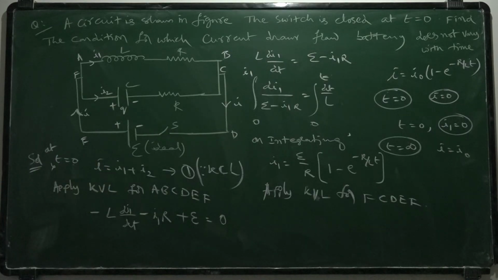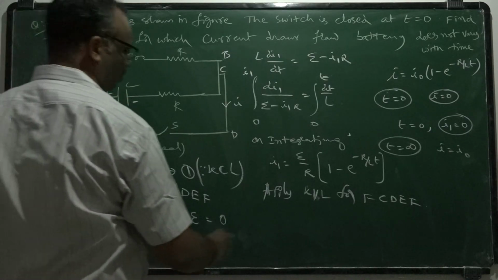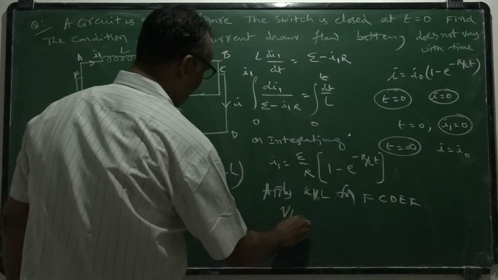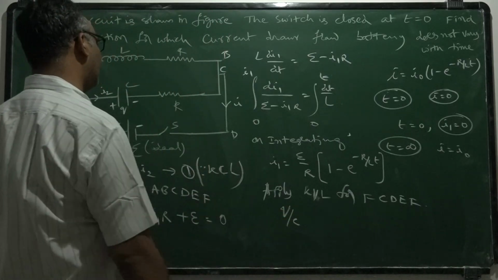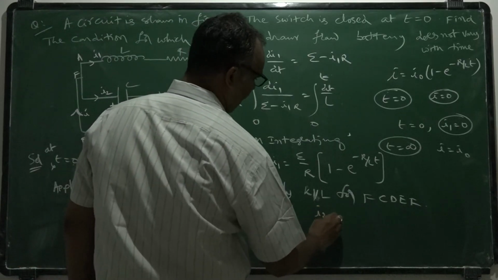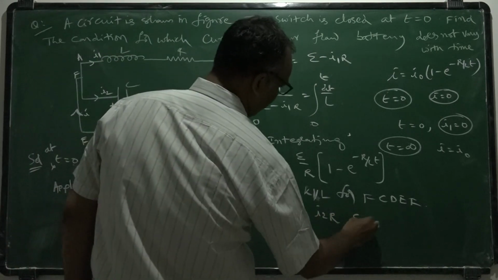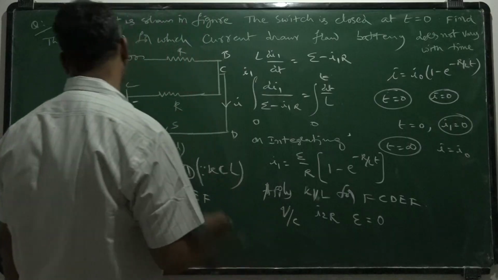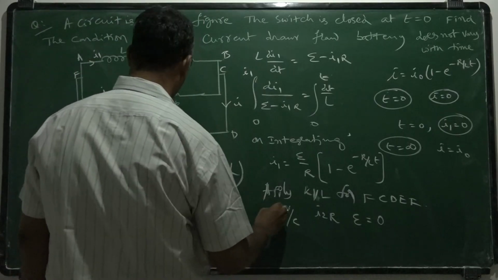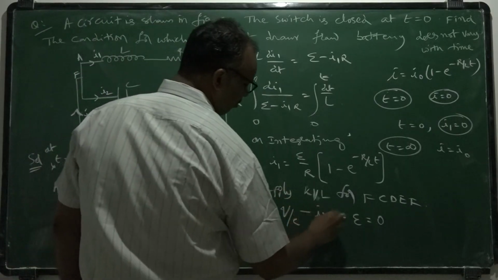Here the voltage drop at the capacitor is Q by C. The voltage drop at this resistor is I2R, and the EMF E, the sum must be 0. High to low negative, high to low negative, and the cell is positive.